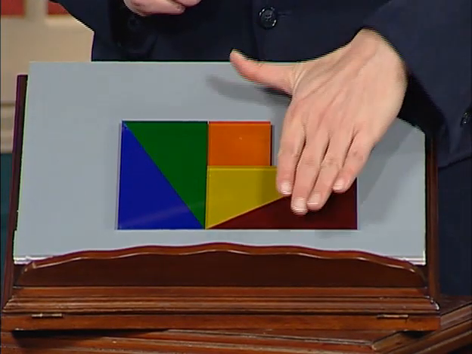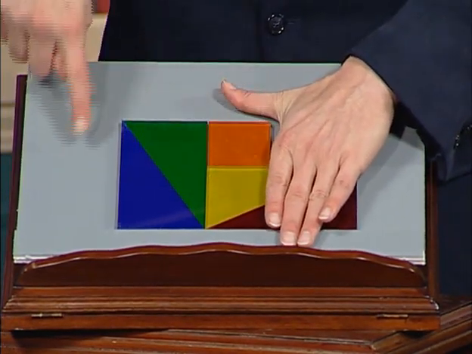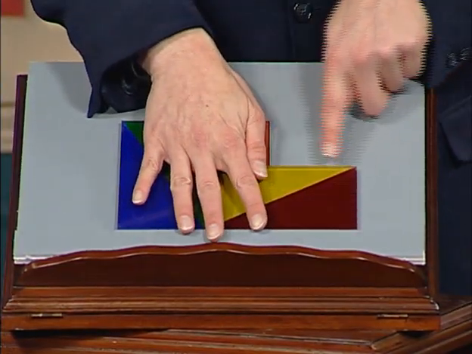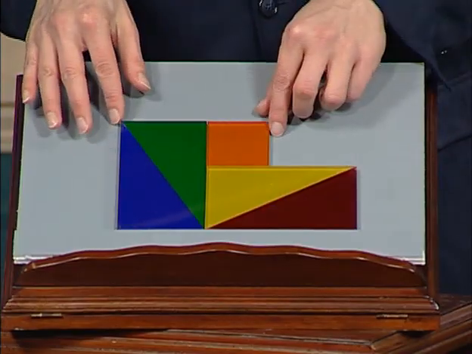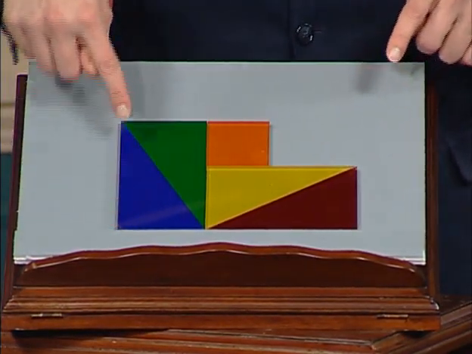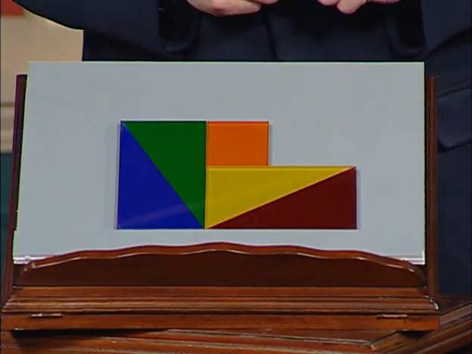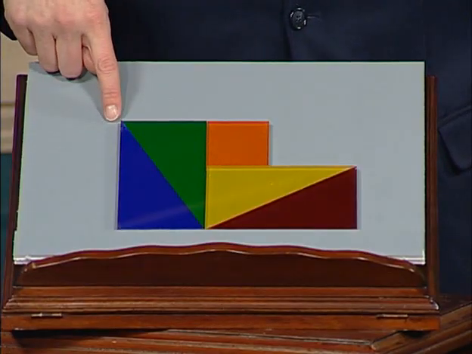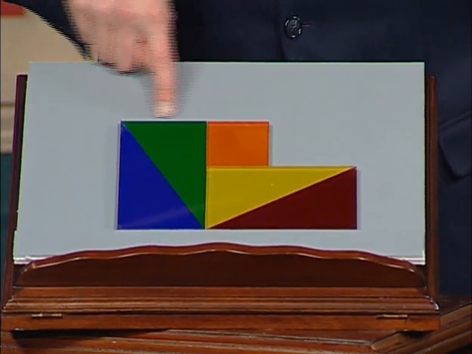On the one hand, I have this shape, which looks like a square, and on the other hand, I have this shape, which also looks like a square. Now let's confirm that in fact both of these are squares. First of all, the angles are 90 degrees by the same argument we had before. But now this side is certainly equal to the longer leg, but is this side the longer leg?